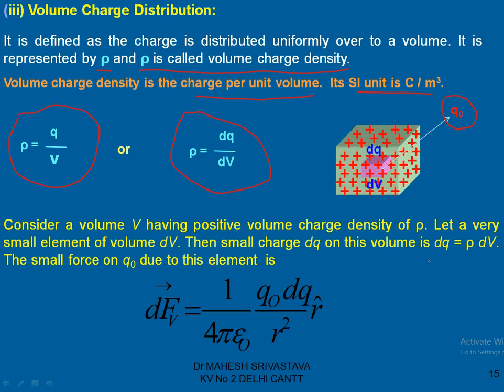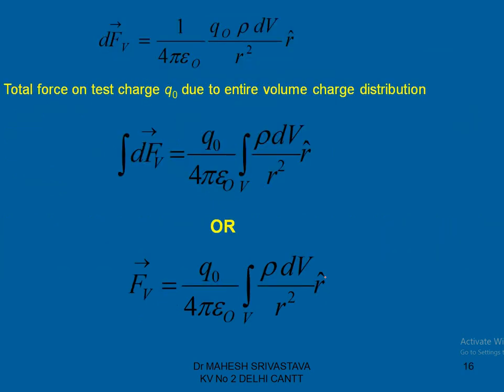But dQ equals rho dV. So substitute this value in place of dQ. Then you will get the expression dF_V vector equals 1 upon 4 pi epsilon naught Q naught rho dV upon R square R cap.